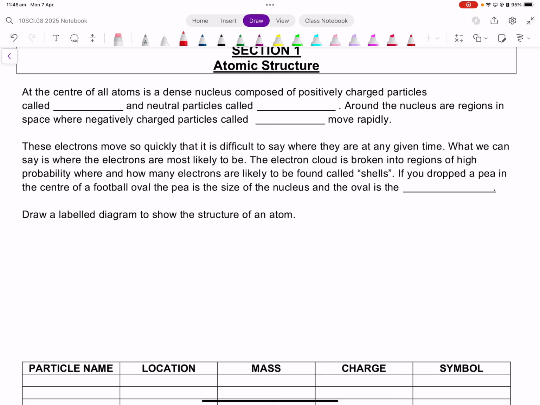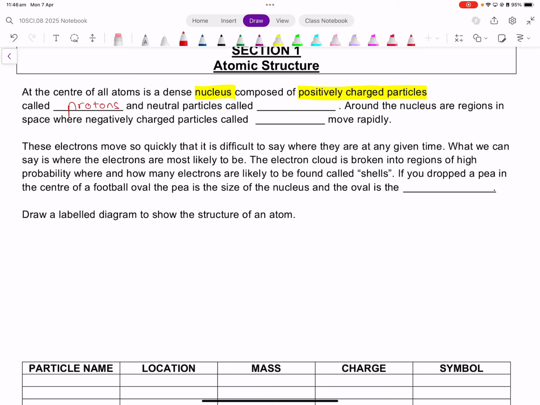So, at the center of all atoms is a dense nucleus, okay? A nucleus is something really important. We'll draw one in a second. And it is made up of positively charged particles, and these are known as protons.